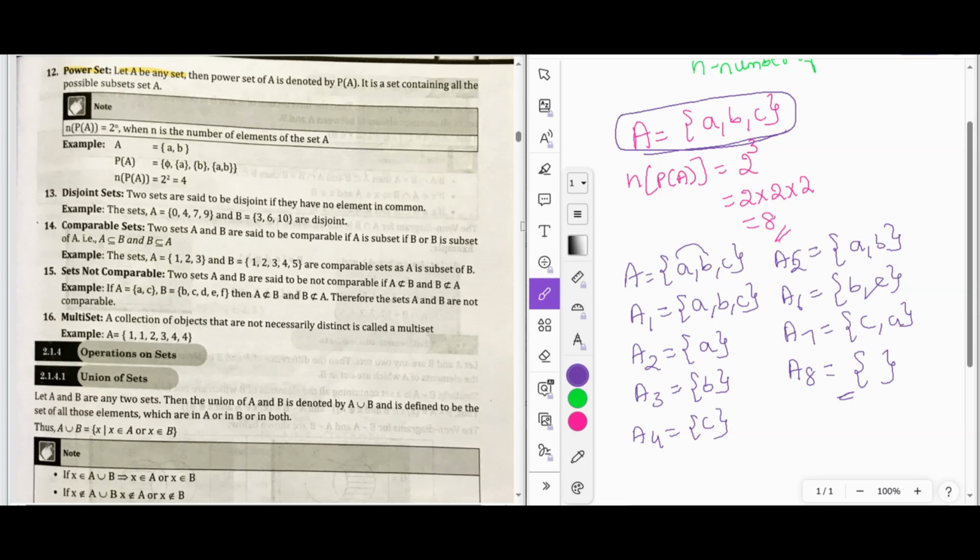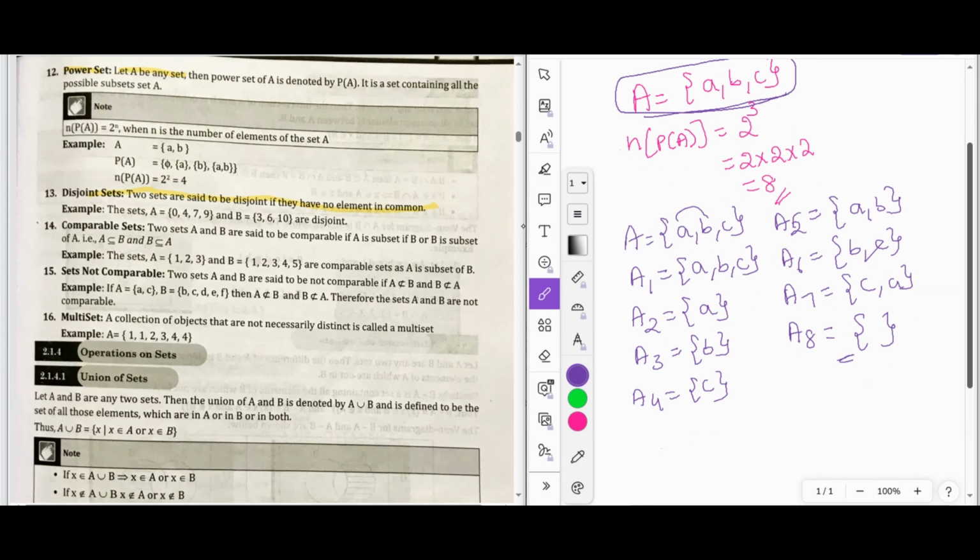Okay, then the next one is disjoint set. What is meant by disjoint set? Two sets are said to be disjoint if they have no element in common. If we don't have any element in common, then it is called a disjoint set.